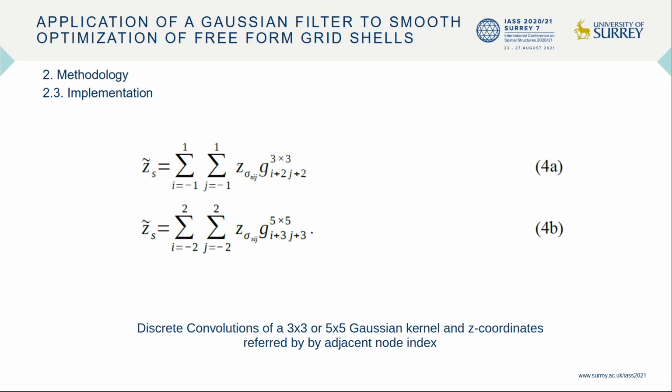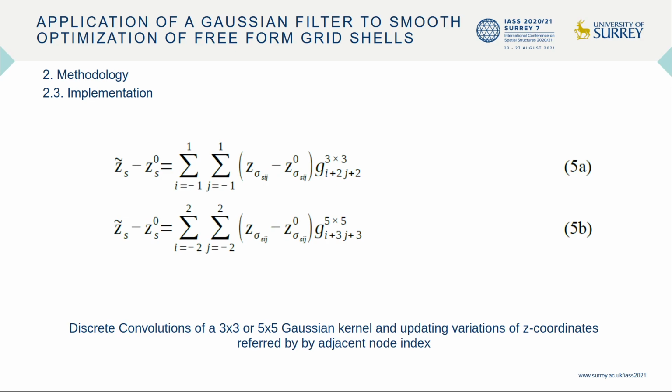However, in practice, the nodes in a grid shell model are usually not stored in any useful order, but all you need to know is the indices of the neighboring nodes for each node, corresponding to the size of the kernel matrices, which is denoted by sigma S_ij in these expressions.